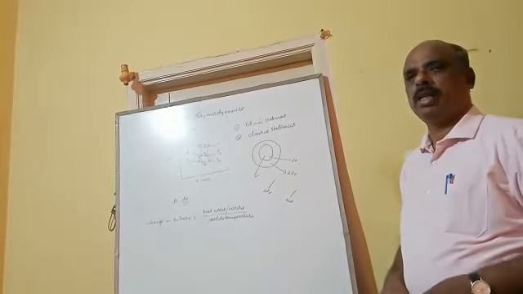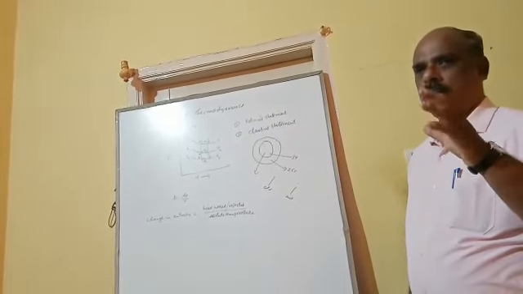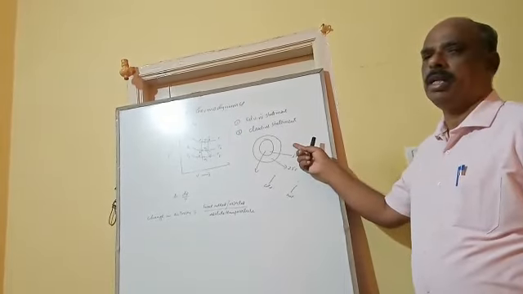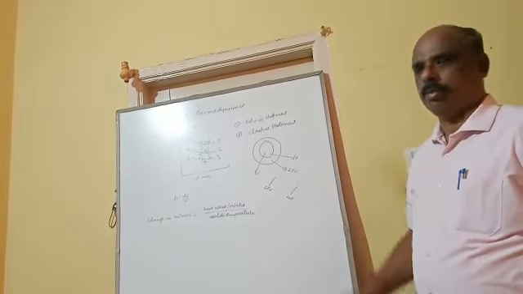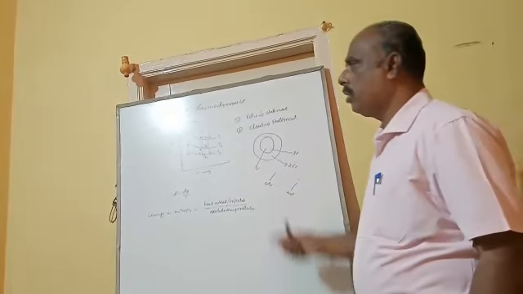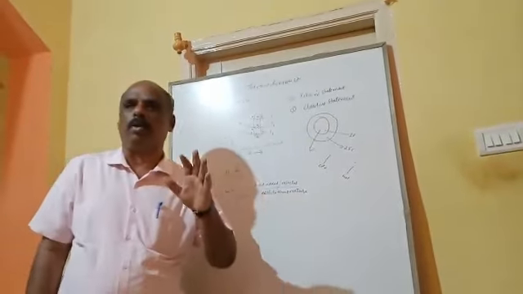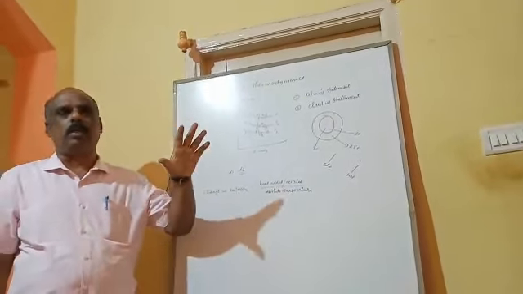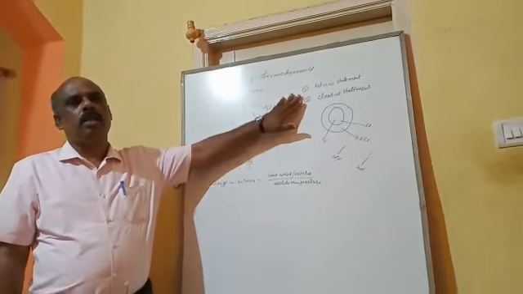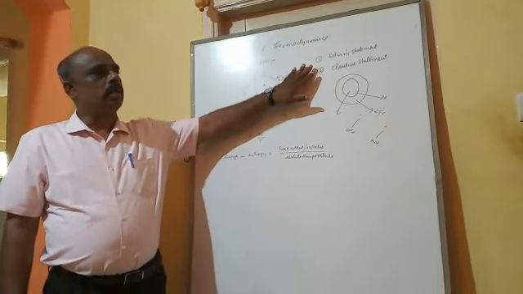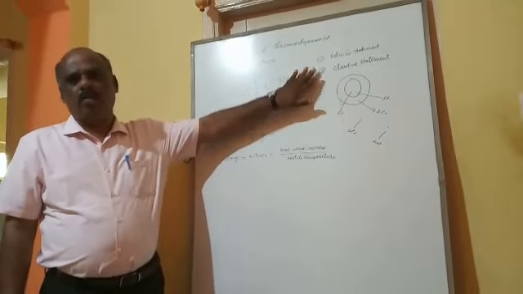So a refrigerator is nothing but an artificially cold-producing instrument. Like that, try to learn the statements of the second law of thermodynamics. Don't go elaborate. Don't read too much about that, because the syllabus mentions very clearly only the statements of the second law of thermodynamics.